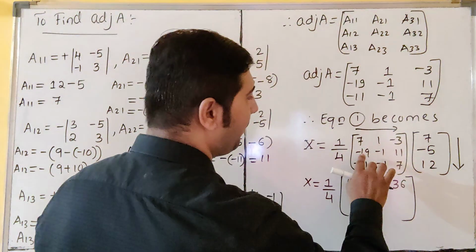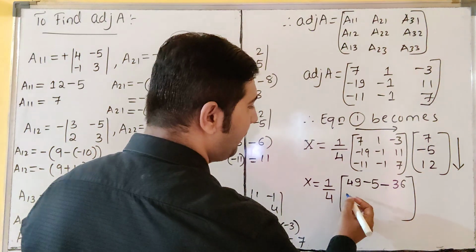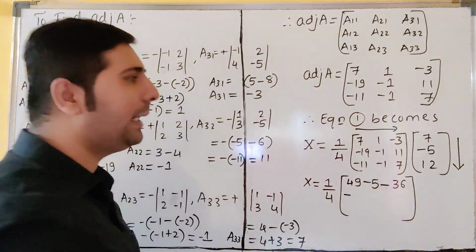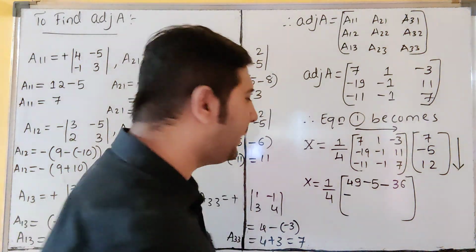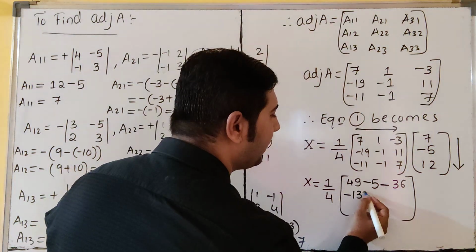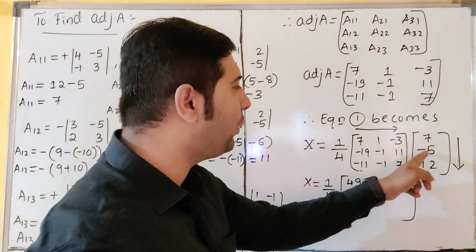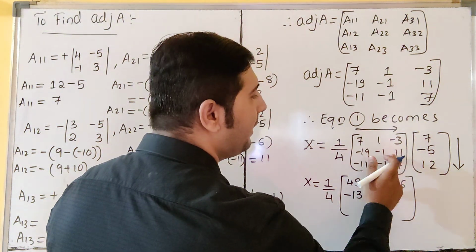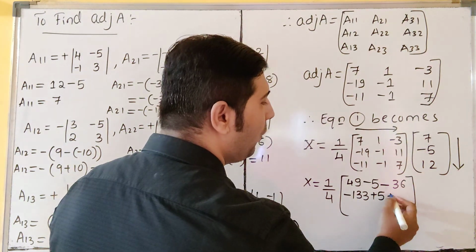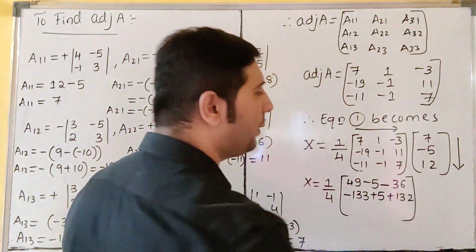Now second row, first column. Minus 19 into 7. 7 into 19 is 133, dear students. Minus into minus plus 1 into 5 is 5. 11 into 12 is 132. Understood?